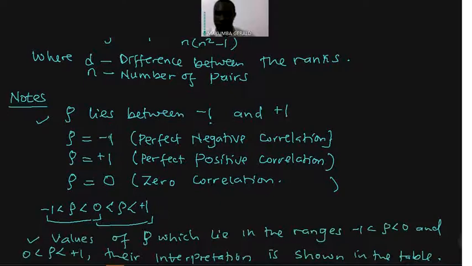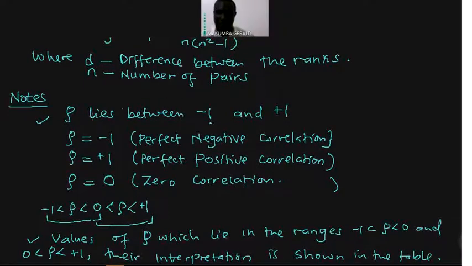So we have talked about when rho is -1, we conclude this is a perfect negative correlation. If our rank correlation coefficient is +1, this is a perfect positive correlation. If rho is equal to 0, this means that there is no correlation.